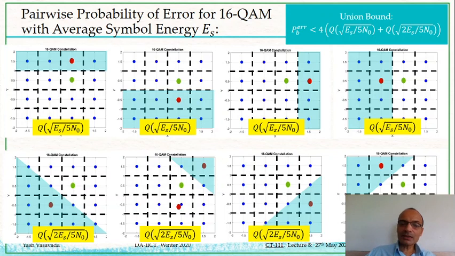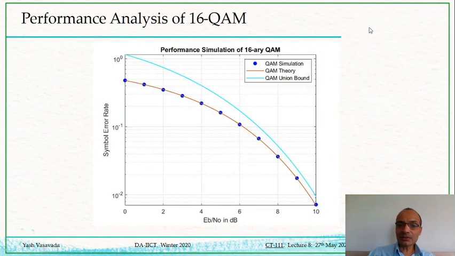So I have actually done 3 different things. I ran a Monte Carlo simulation for 16 QAM. Then I actually did an exact theoretical probability evaluation for 16 QAM that we are not going to consider in this course. And then the last thing I did was I plotted the union bound on top of it, and this is how it looks.